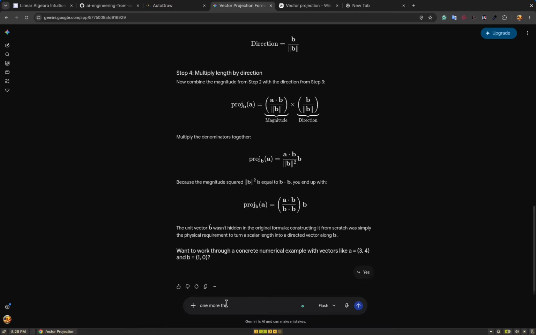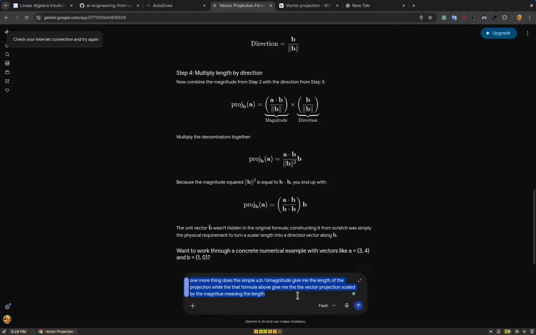One more thing, does the simple A dot B divided by B magnitude give me the length of the projection, while the formula above gives me the vector projection scaled by the magnitude, meaning the length?